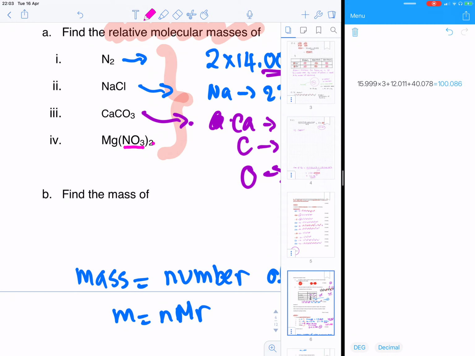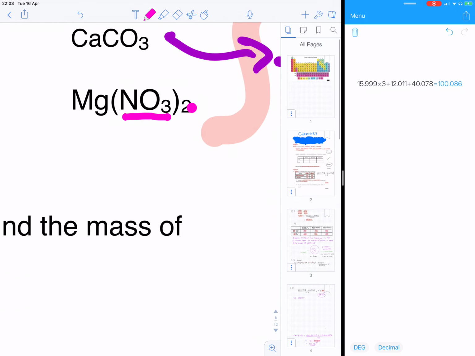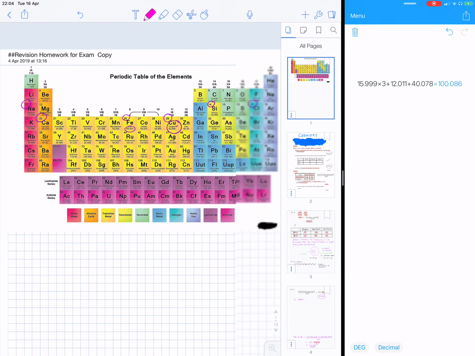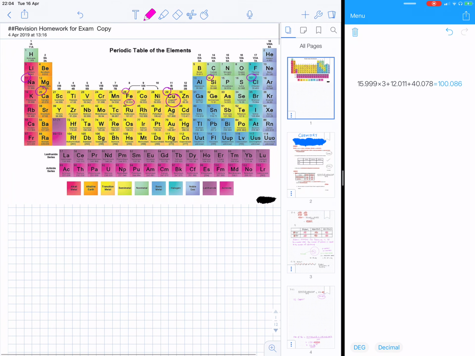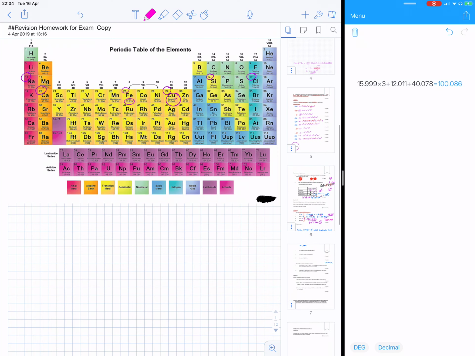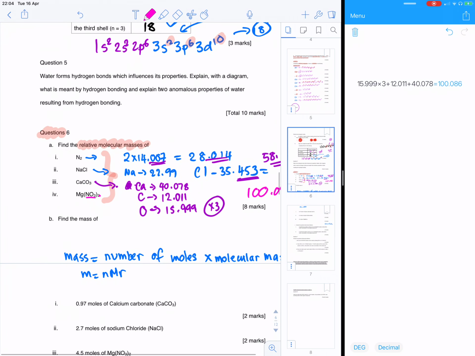And the last one is magnesium nitrate, but we need to work this bracket out first and then multiply it by 2 and then add the magnesium. So inside the bracket we have nitrogen, which is 14.007.